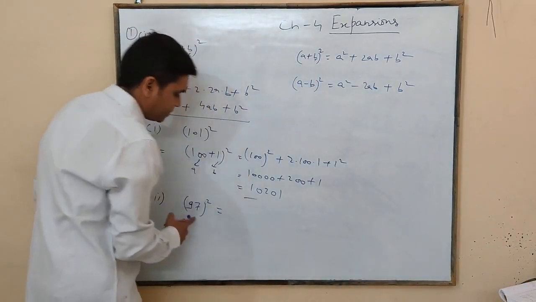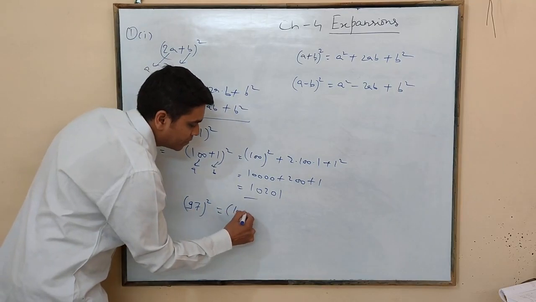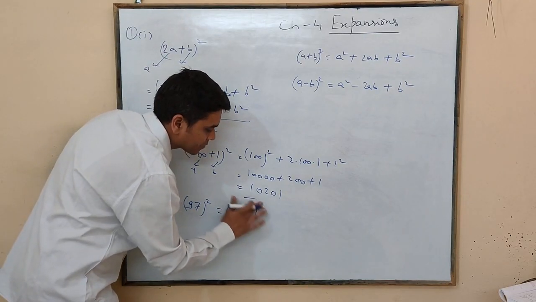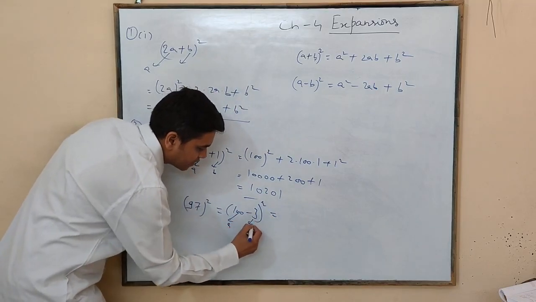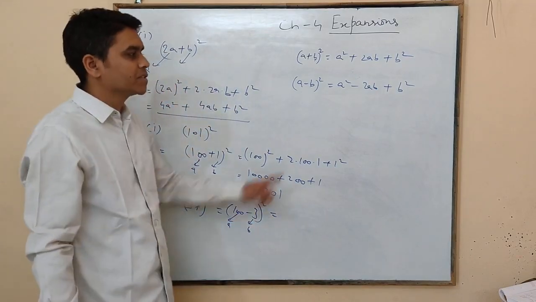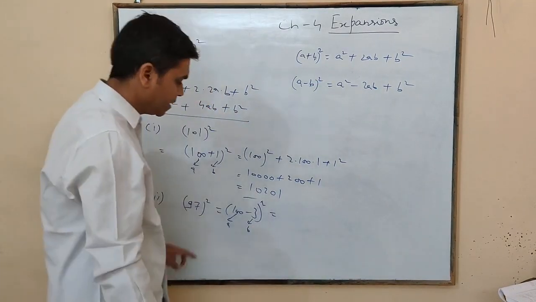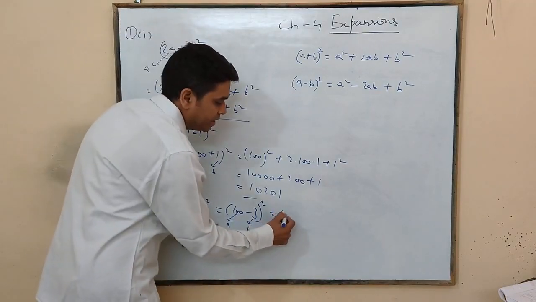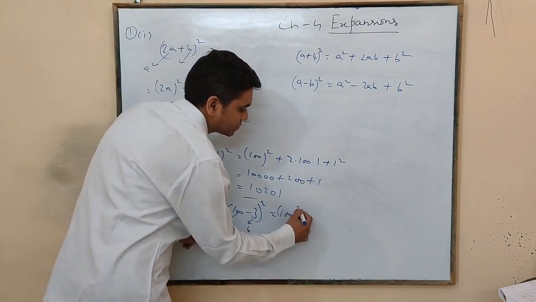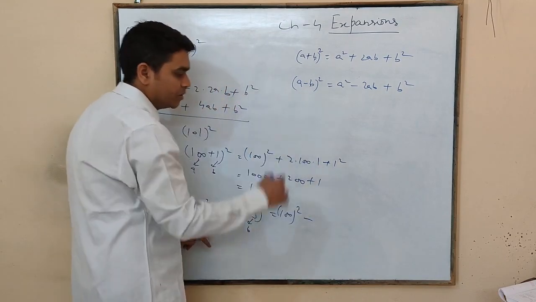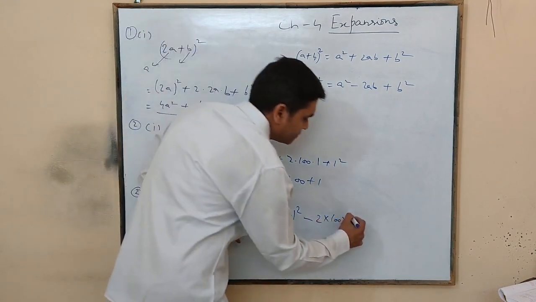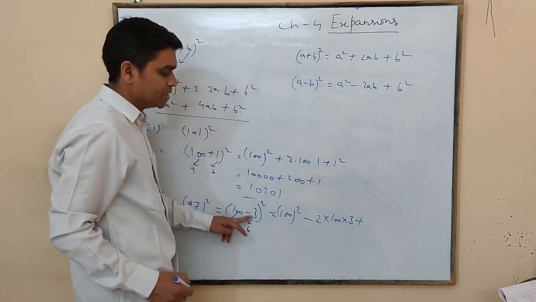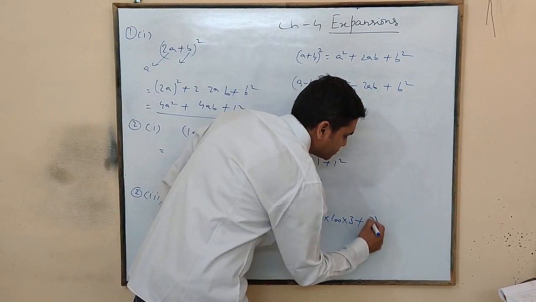So 97 is (100 − 3) whole square. This is a, this is b. Use the second formula. The formula is: the square of a, minus 2ab, where b is 3, plus b², which is 3 square.